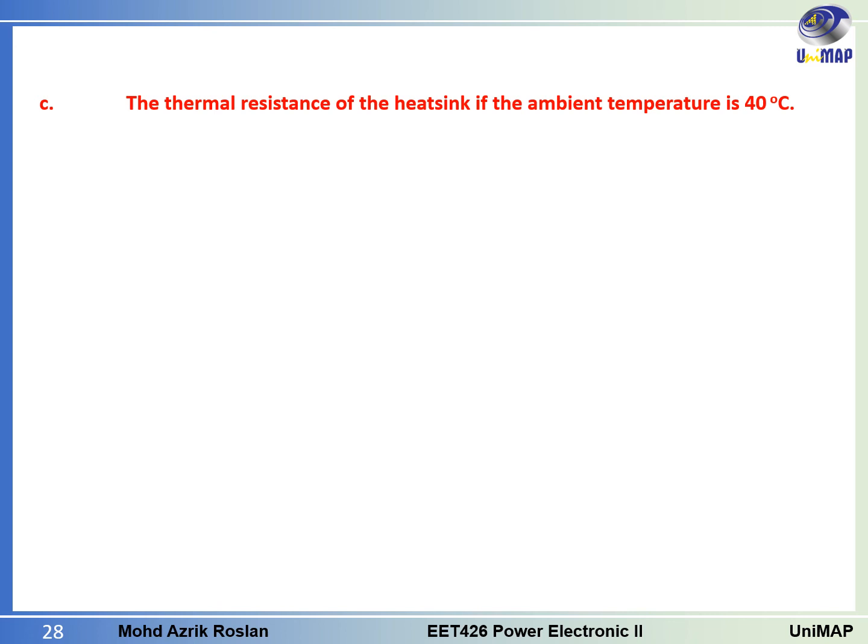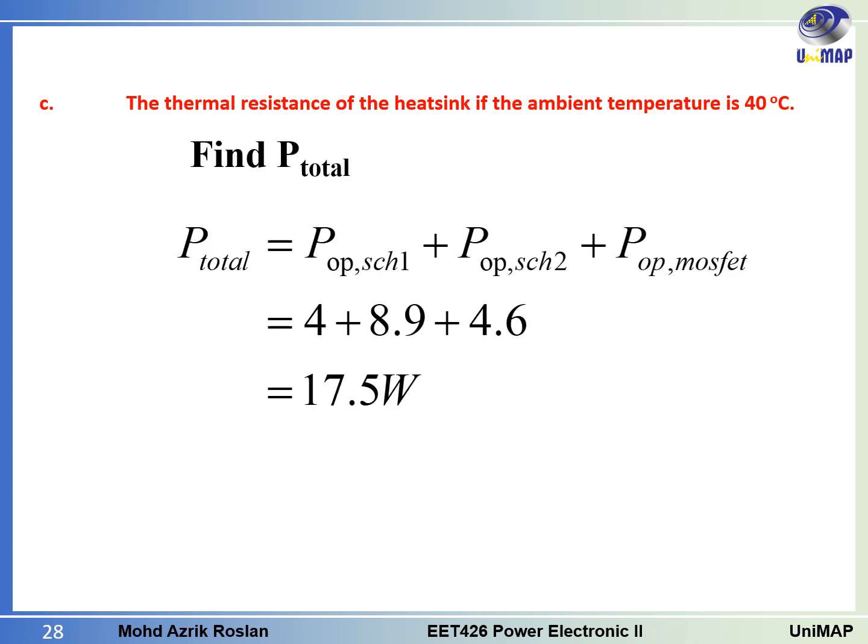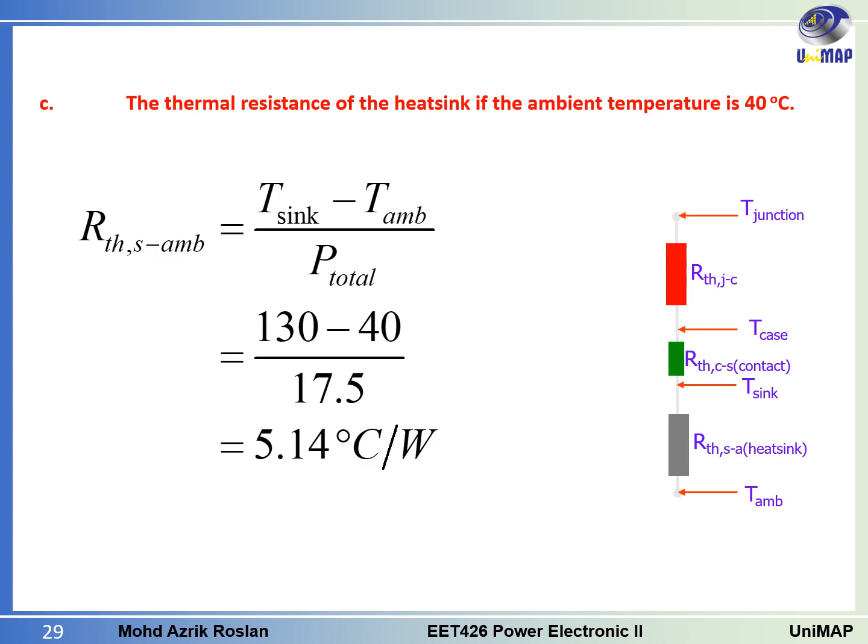And finally we want to determine the thermal resistance. This should be easy because you already found all the power dissipation for all three components. You just add them together. The total power is 17.5. Finally you can find the RTH sink to ambient, the thermal resistance for the heat sink.